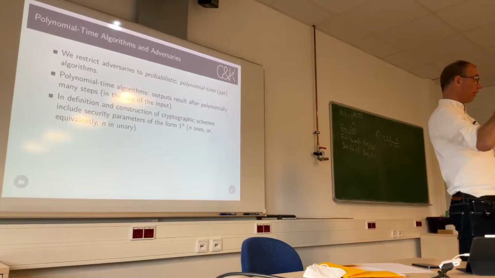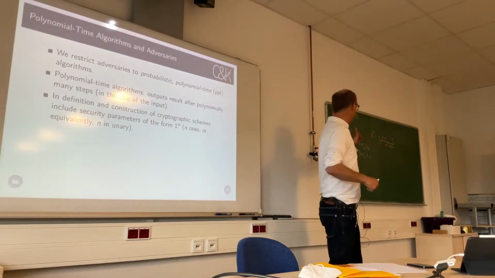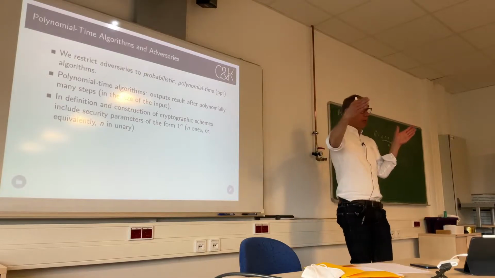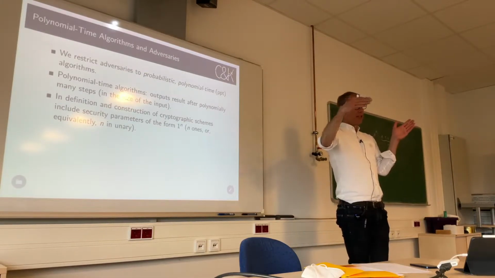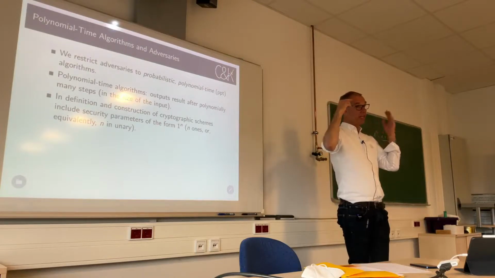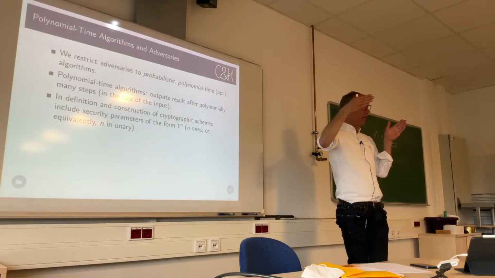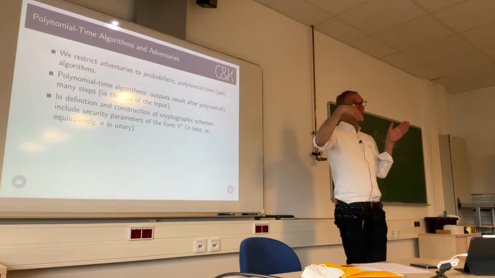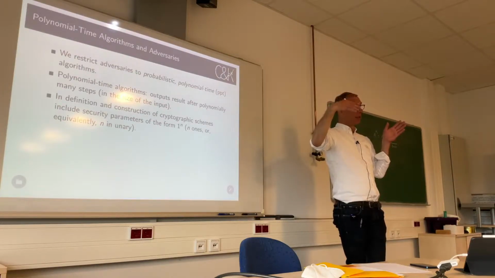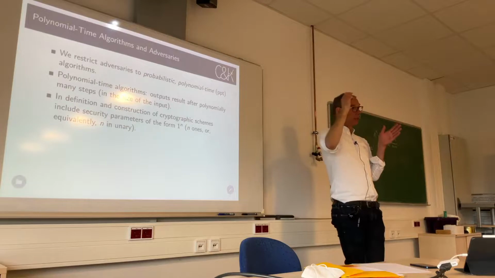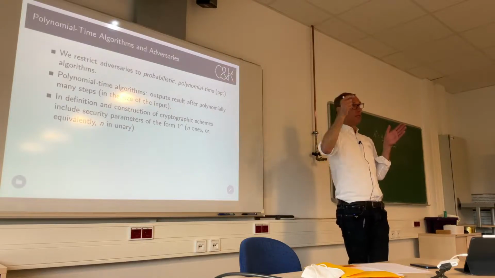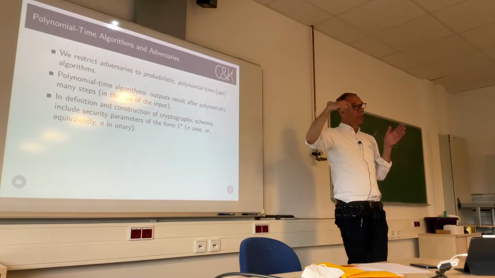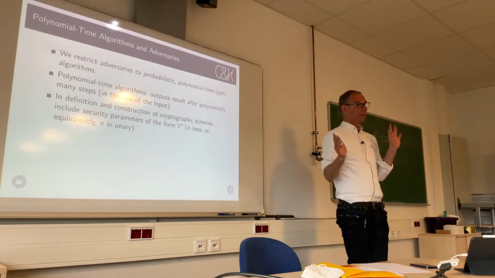The length is variable, and this specifies how long the key should be. And the idea behind all the schemes that we define is that if we increase the key length, security increases as well. So by giving this security parameter, we specify the key length, and the key length hopefully says something about how secure things are.